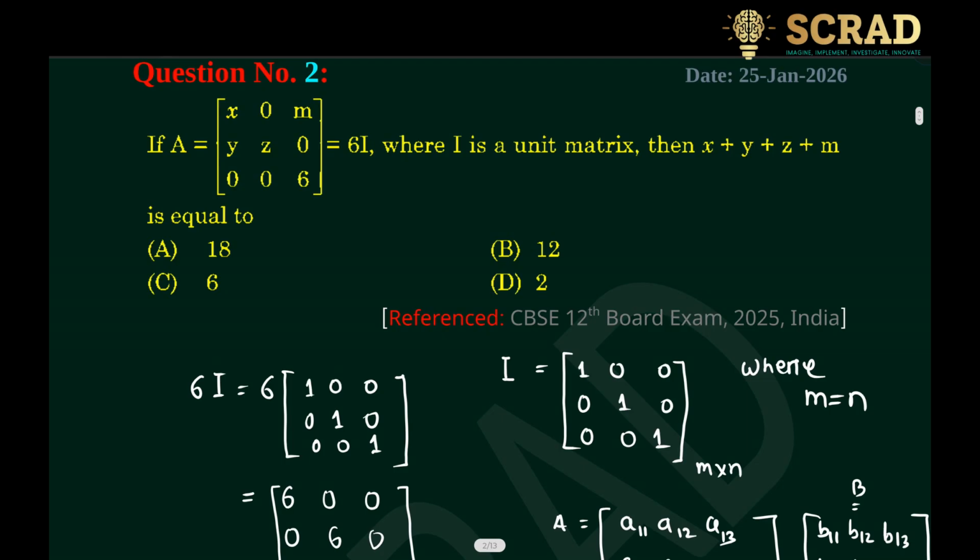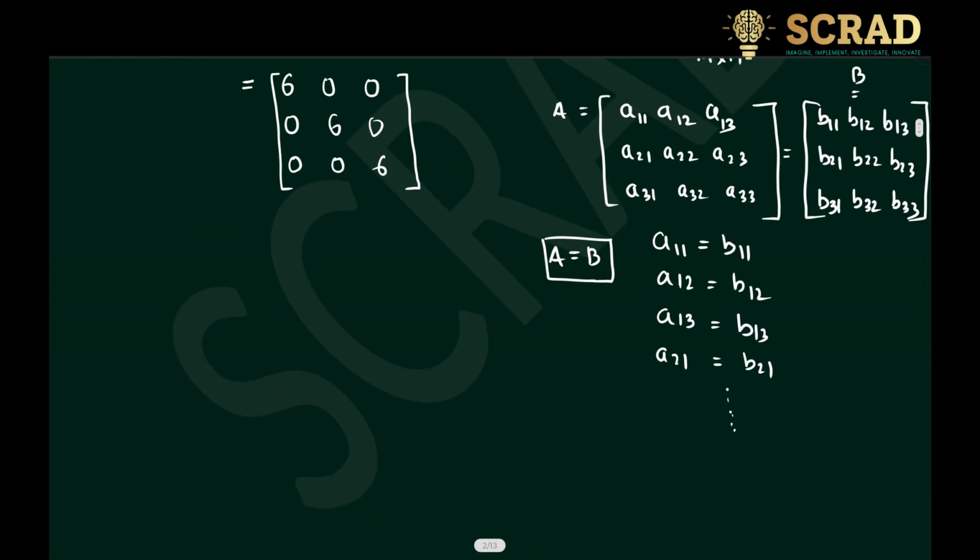Because the matrix here is 3 cross 3, to compare matrices, suppose here the order is 3 cross 3 and here the order is 3 cross 3, then we can compare matrix A with matrix B. If the order is different, suppose A has order 3 cross 4 and B has order 3 cross 5, then we cannot simply compare matrices A and B by looking at the dimensions, because here how many elements will there be? 12.